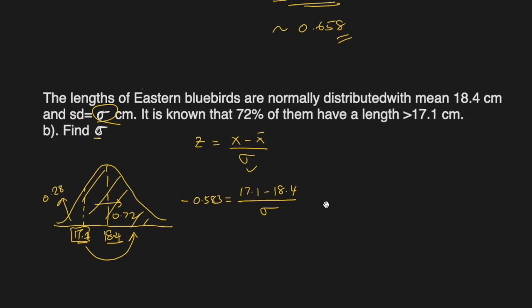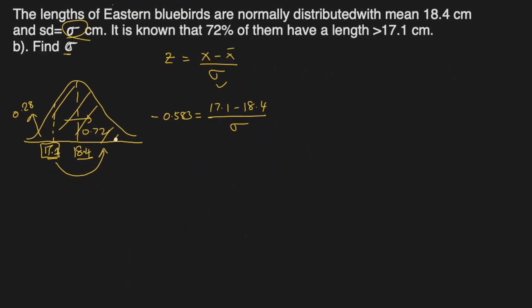So here, whatever is the Z score of this, it is 1.3 lesser, so this will be 1.3 more, 19.7. Actually 0.72 is the probability less than 19.7, for which we got Z score 0.583, but we want for 17.1, so we got it negative 0.583 for 17.1.